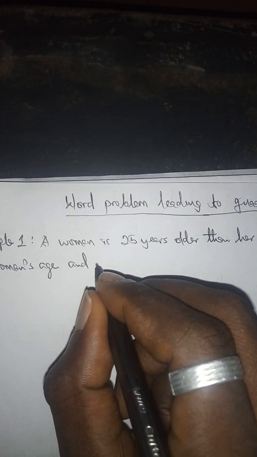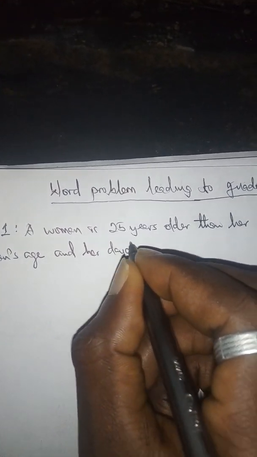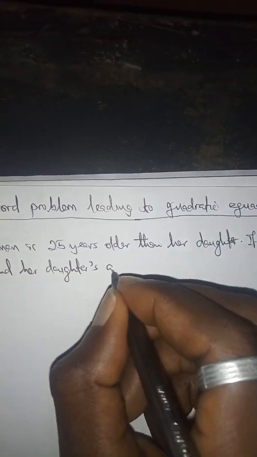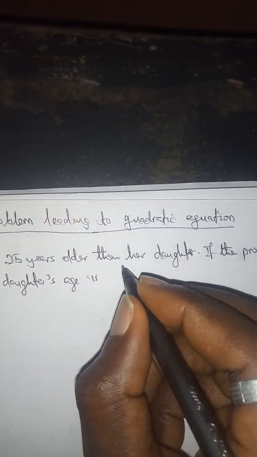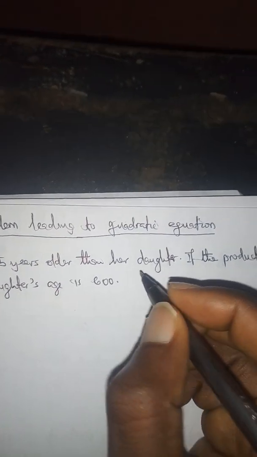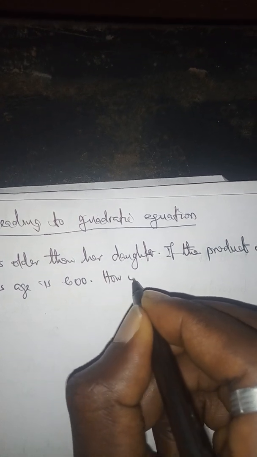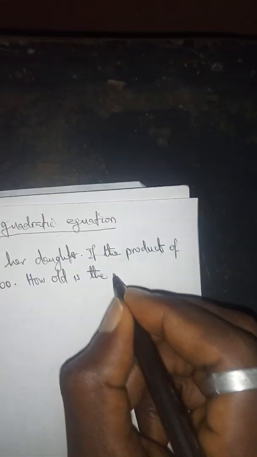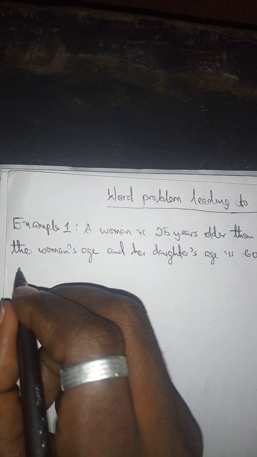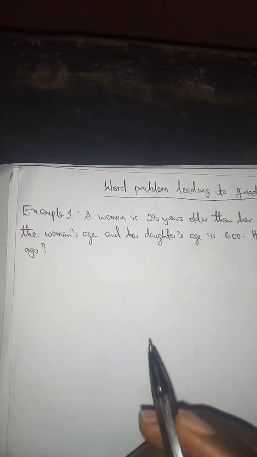If the product of the woman's age and her daughter's age is 600, how old is the woman 10 years ago? Can you see the question?